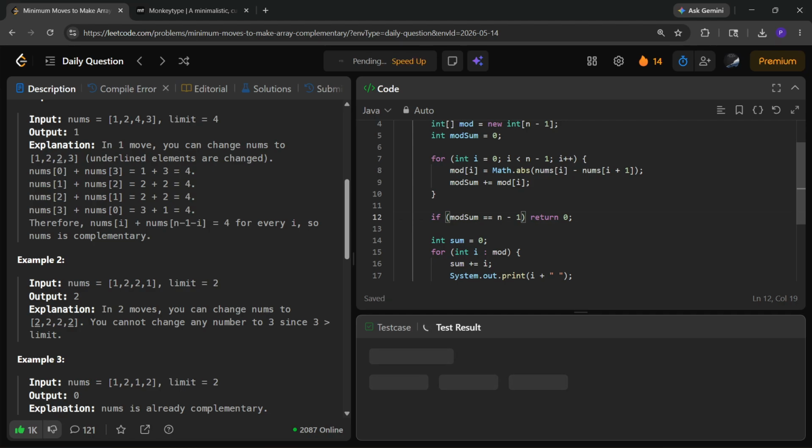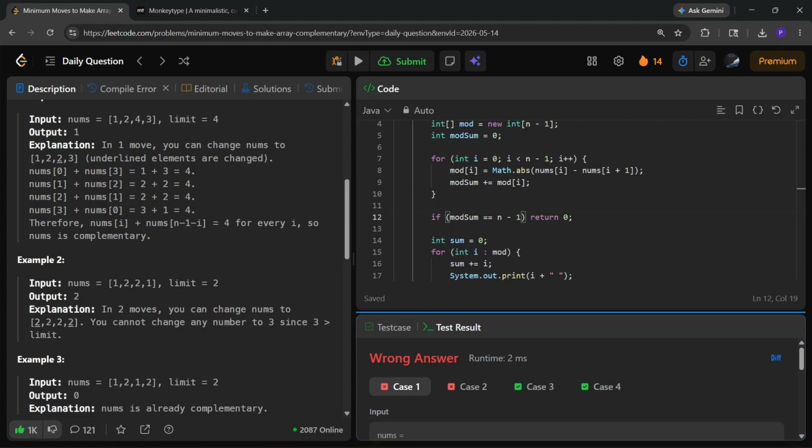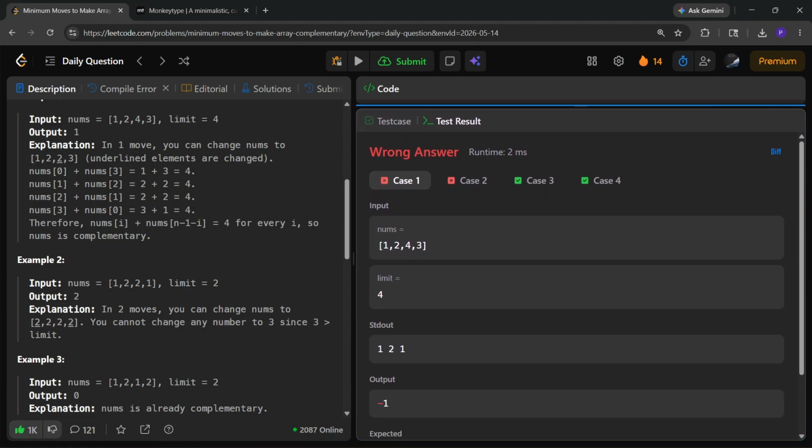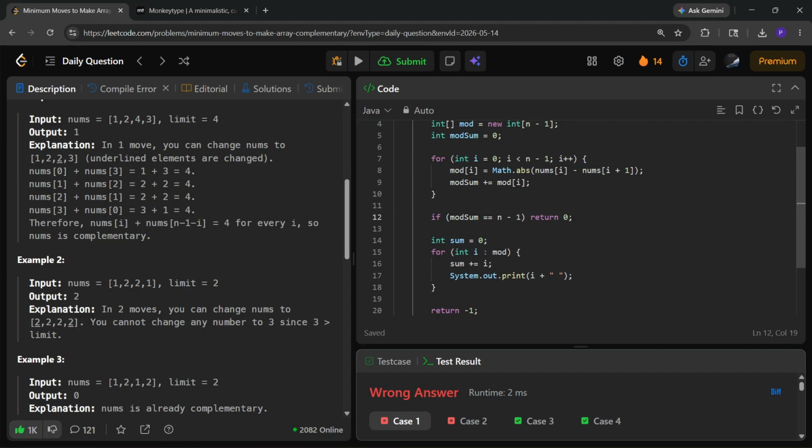Let's set the answer. Okay. No, no, don't make this. That is mod sum.